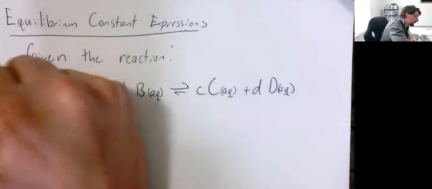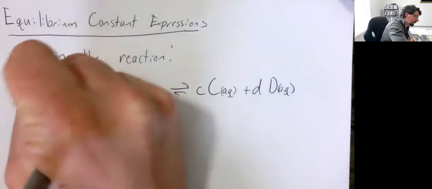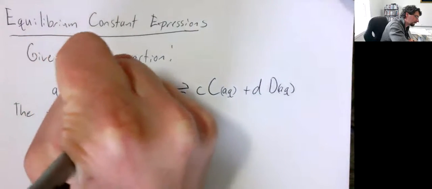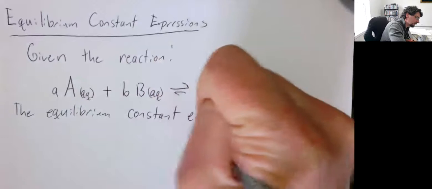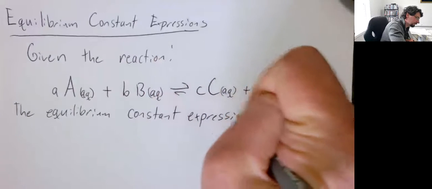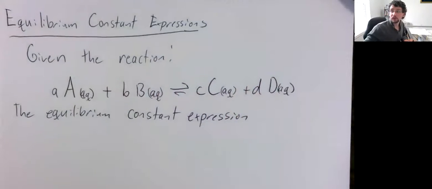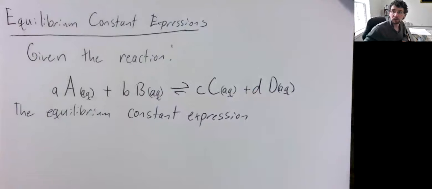So the equilibrium constant expression in terms of concentrations, because there are a couple different equilibrium constants. You could have it in terms of pressure, concentration, even molality.